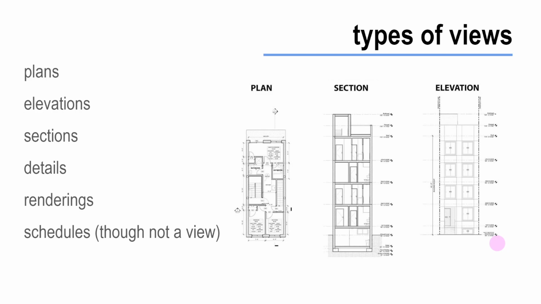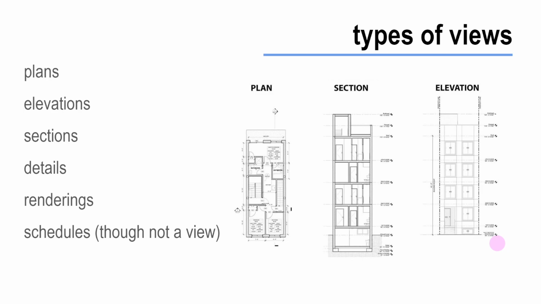And then section views are a vertical cut. So if plans are a horizontal cut, section views are a vertical cut. So we can understand the differences between volume of the building, and we can understand a lot more about construction details coming from that section view.